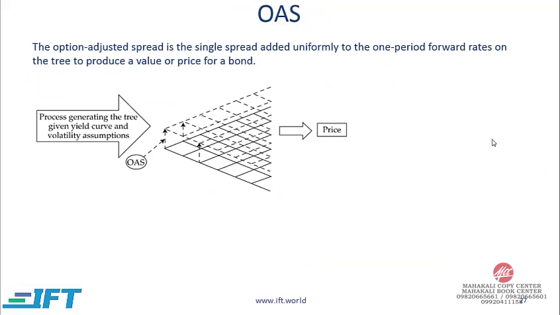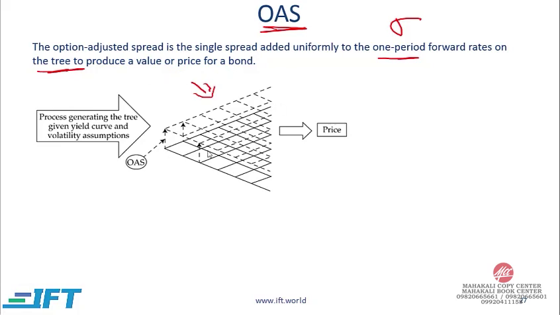But in the real world there is volatility, and that volatility is important when we are valuing bonds with embedded options. The option adjusted spread is the single spread added uniformly to the 1-period forward rates on the tree.